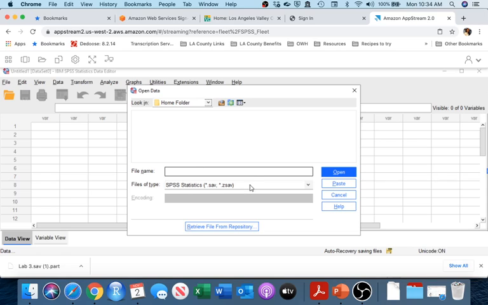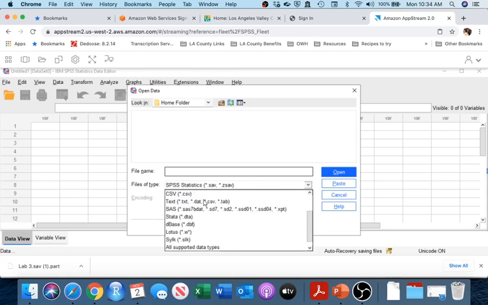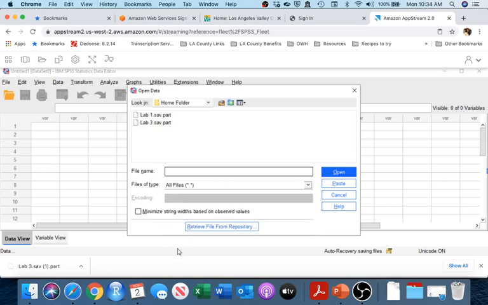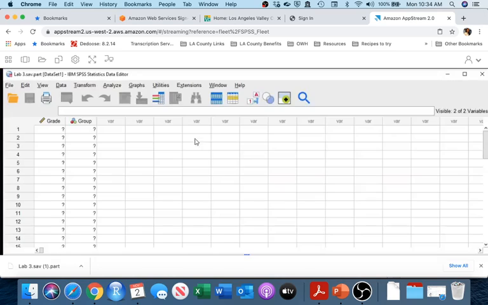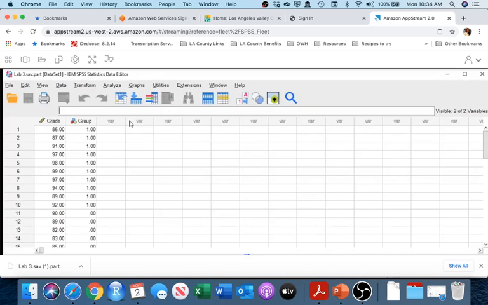And then you have to change the file type to all files. Maybe yours will show up automatically. Mine, I had to change it to all files because for some reason it saved really weird. So then I press open and here it is.